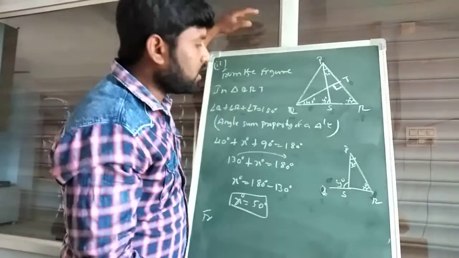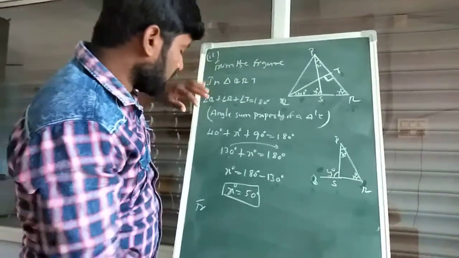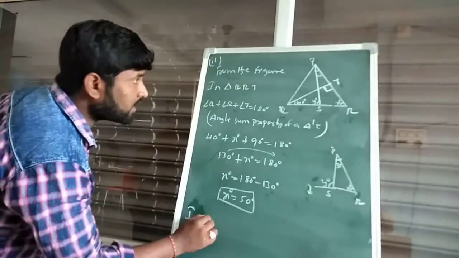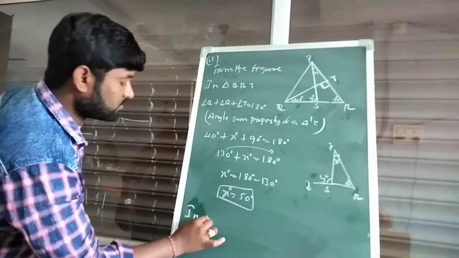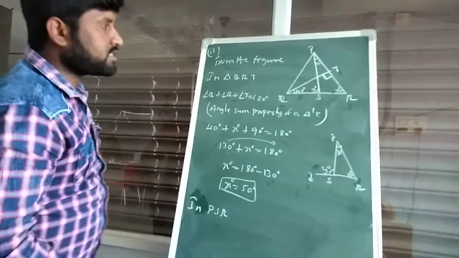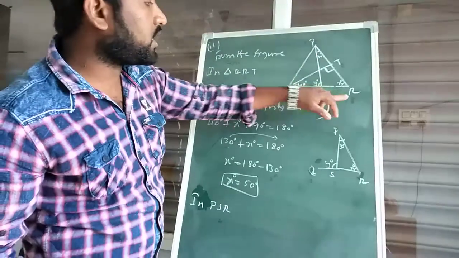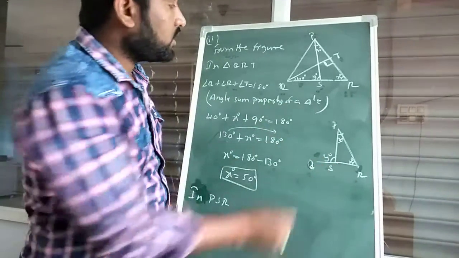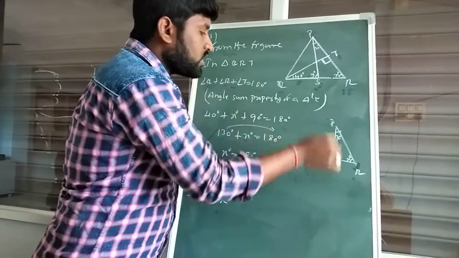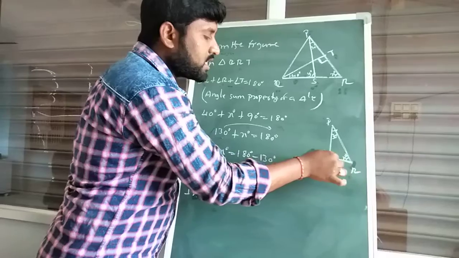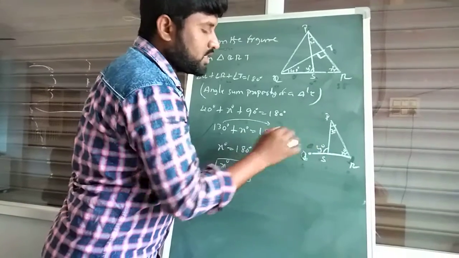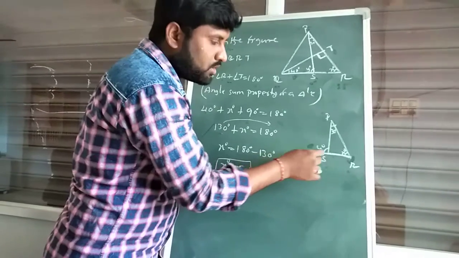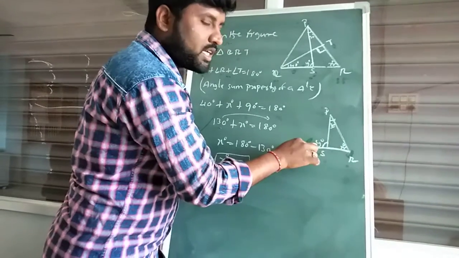So this time I am going to consider triangle PSR. Here the exterior angle is formed when side SR is extended to point Q. They form an exterior angle, that is y degrees.